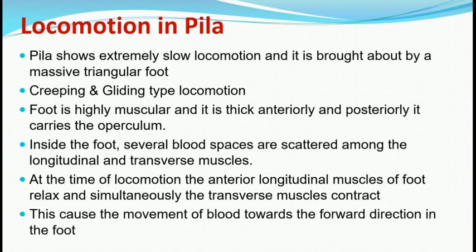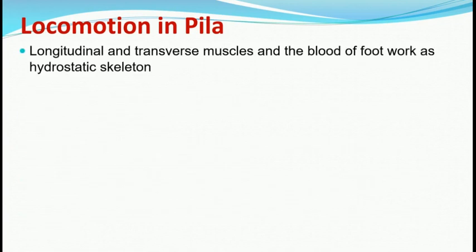So due to this alternate contraction and relaxation, there occurs the movement of blood towards the forward direction of the foot. And due to this movement of the blood, there occurs formation of what is called a hydrostatic skeleton.